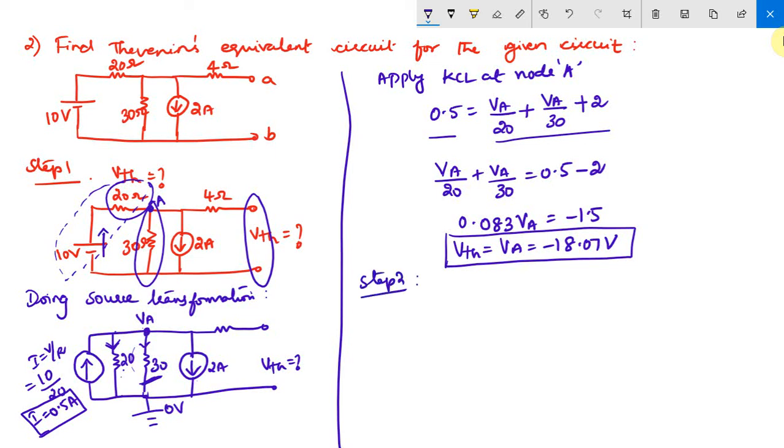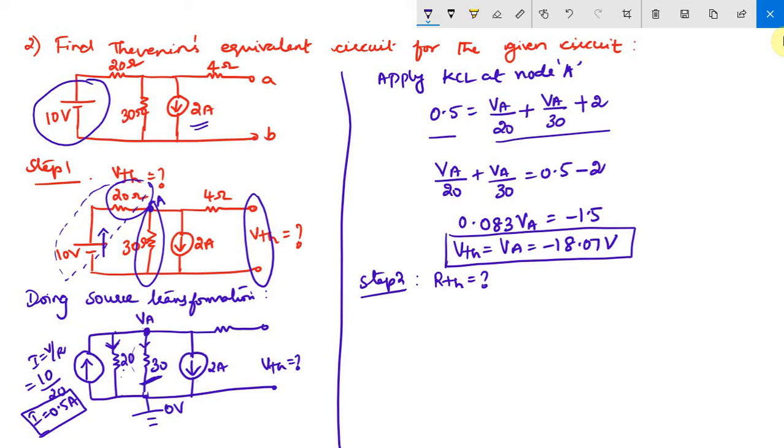Now find step 2. Your step 2 is finding RTH. For RTH, again the load has been removed, so it is already open circuited. And then you have to remove your sources also. We have 10 volt as the voltage source, so you have to remove it by short circuiting. And the 2 ampere current source should be removed by open circuiting.